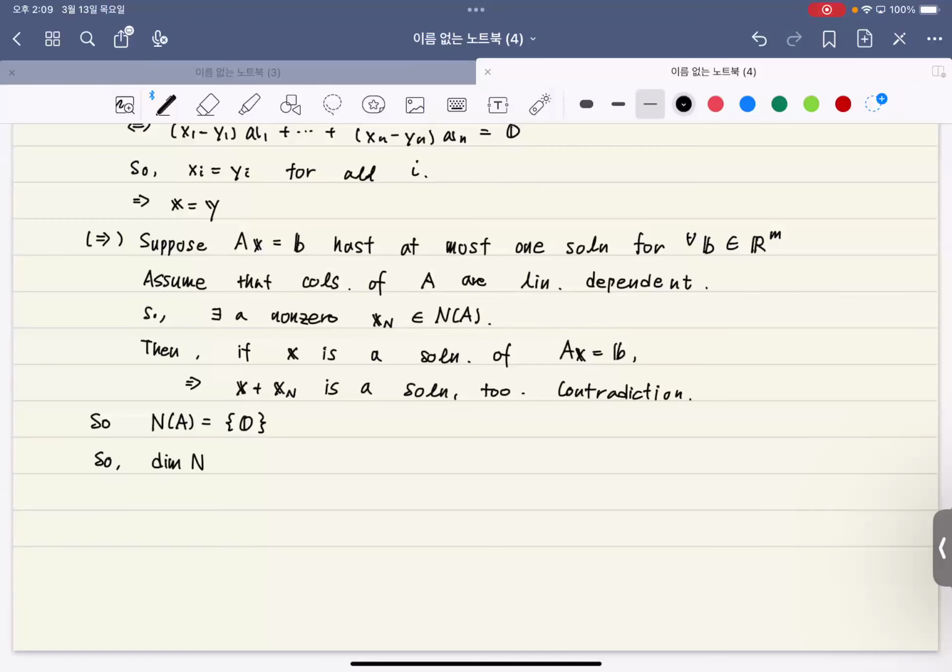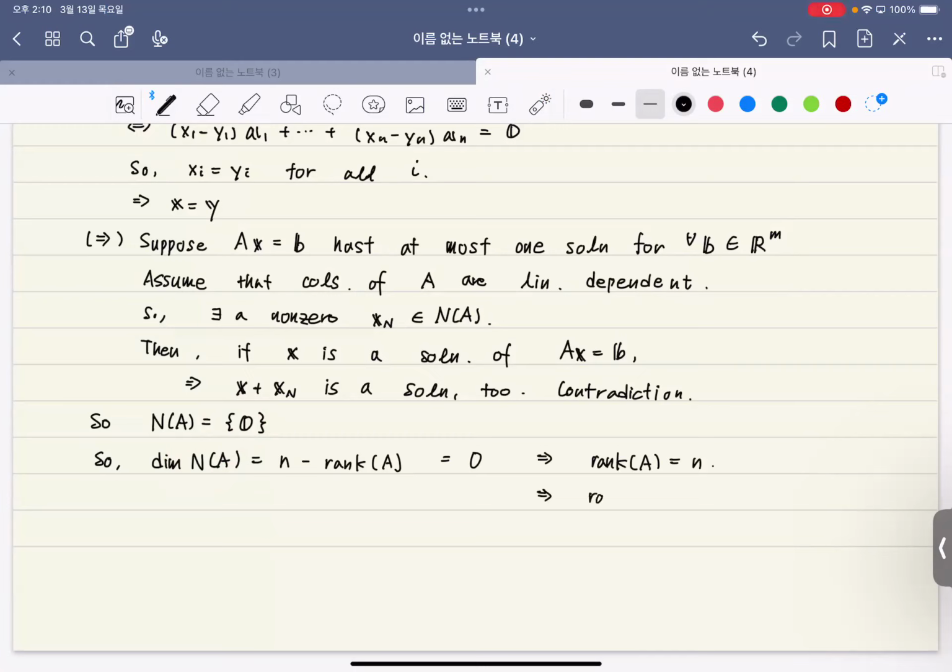We have to remember the dimension of the null space of A is the number of columns of A minus the rank of A. I said this is an n by n matrix, so the dimension must be n minus rank of A, and because this is the zero-dimensional vector space, the rank of A must be n.